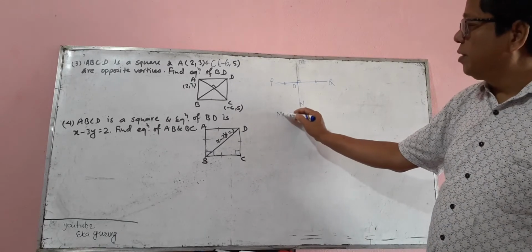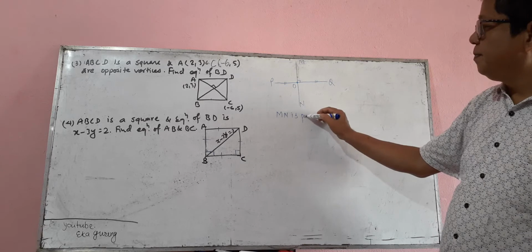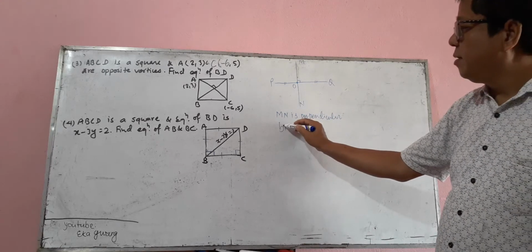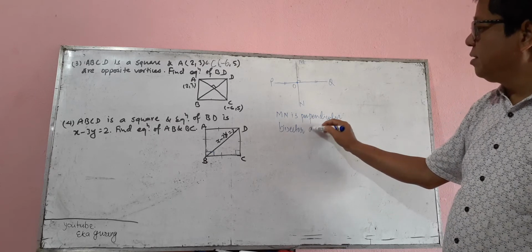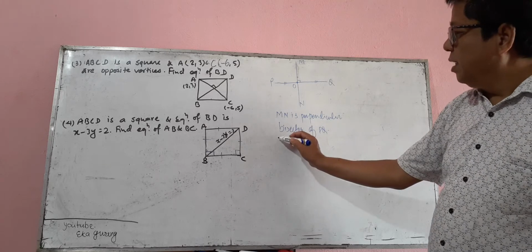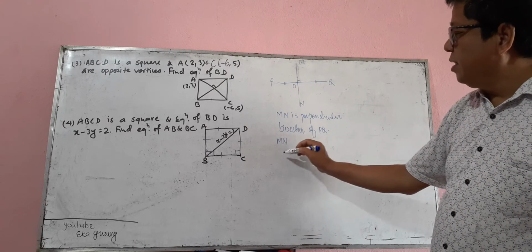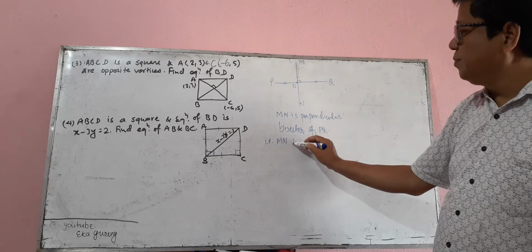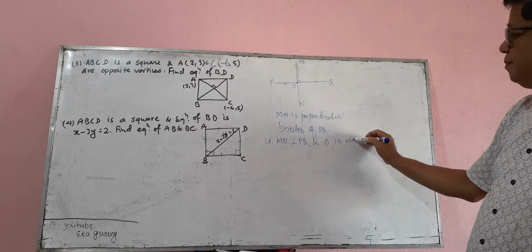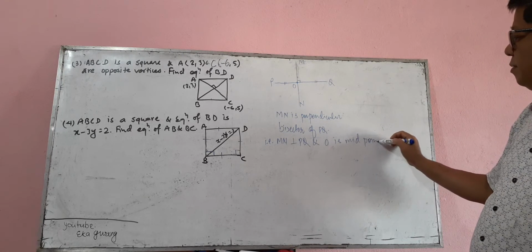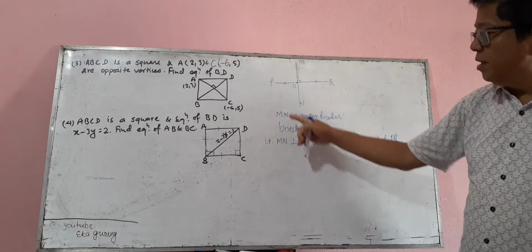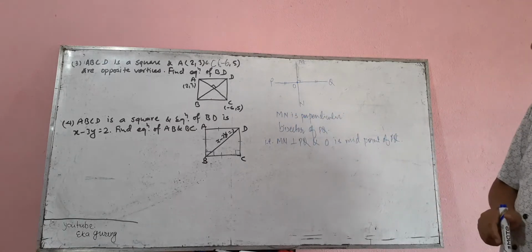So what we call MN is the perpendicular bisector of PQ. That means MN is perpendicular to PQ and O is the midpoint of PQ. This is the meaning of MN is perpendicular bisector of PQ.